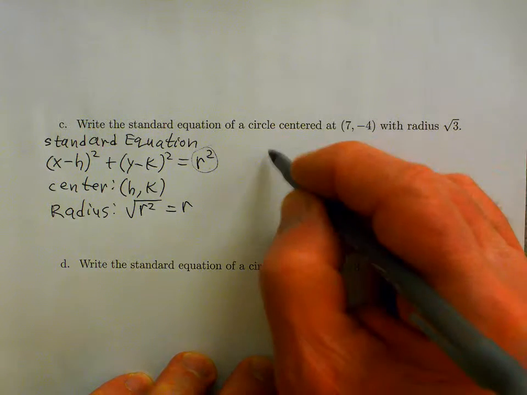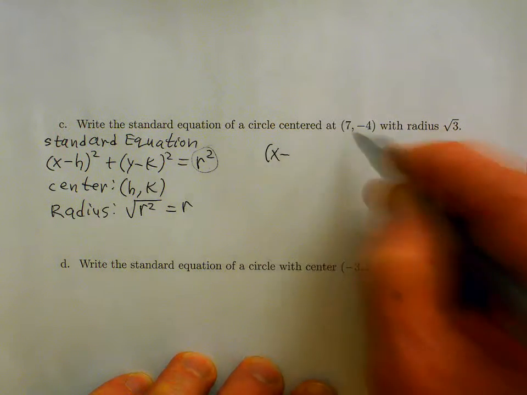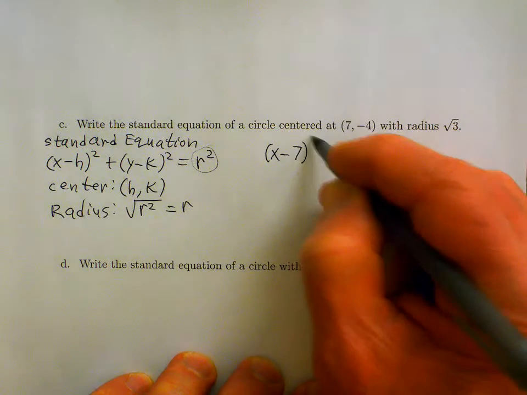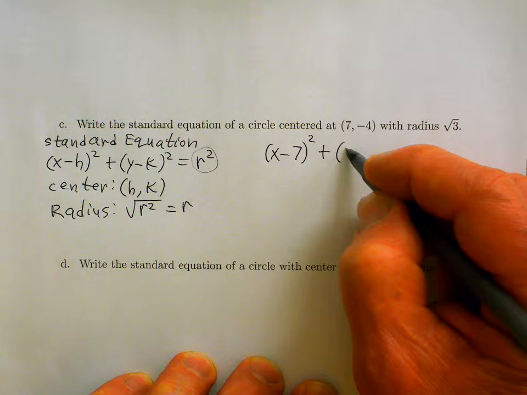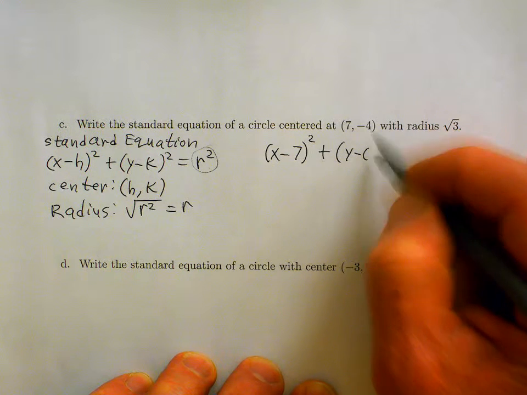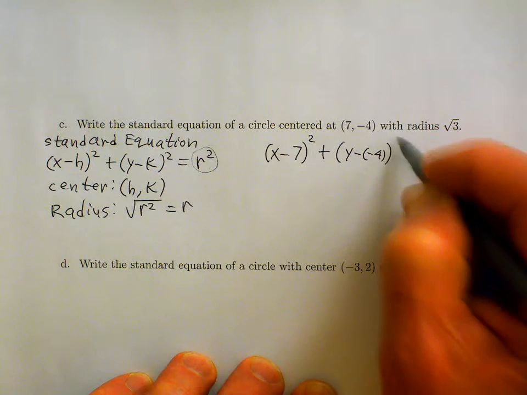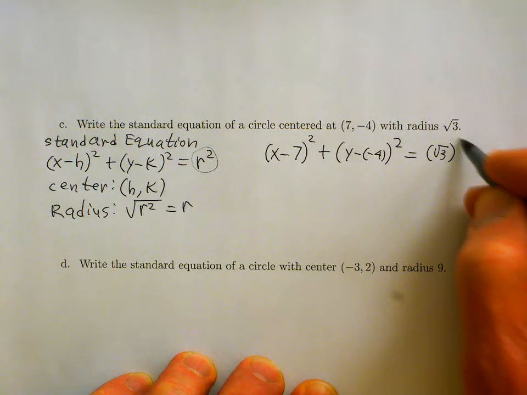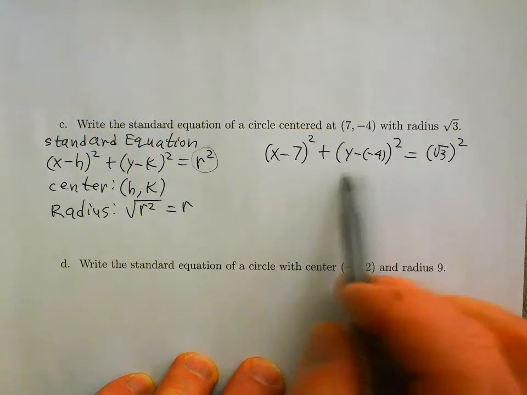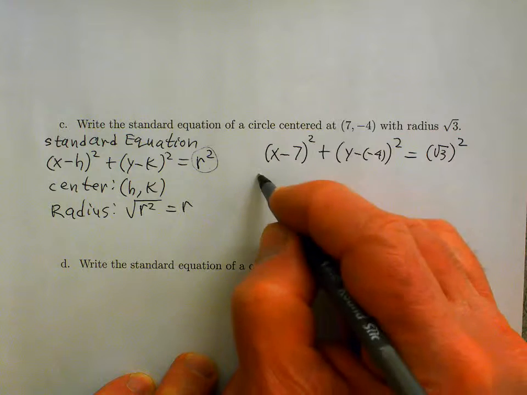So we just write down x minus the x-coordinate of the center, quantity squared, plus y minus the y-coordinate of the center, quantity squared, equals the radius squared. And then simplify where we can.